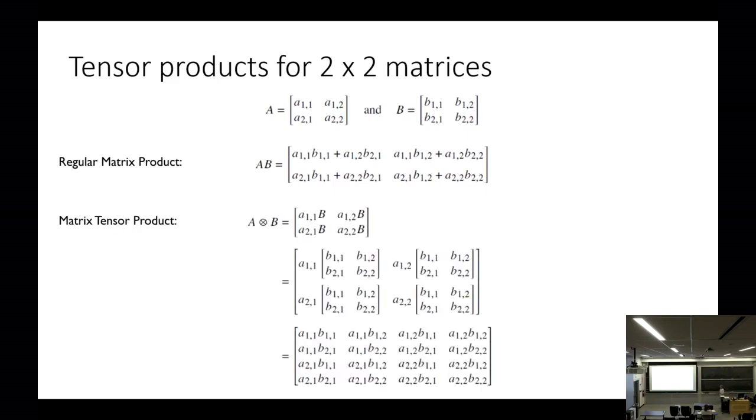But the tensor product is what you get when you take every element of matrix A and multiply it by matrix B. So from two 2 by 2 matrices, you end up with a 4 by 4 matrix. I don't think I gave you any tensor products on the homework, but we're always going to be dealing with these super simple 2 by 2 matrices, so it's not so bad.